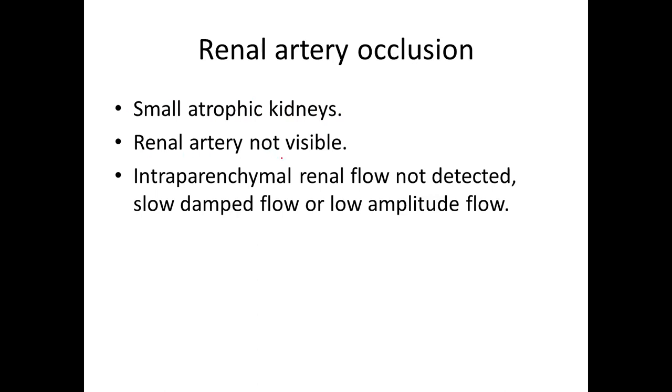The renal artery may not be visible from the aorta or within the renal parenchyma. We may not be able to find the segmental arteries, the interlobar arteries, or even the arcuate arteries. And then the intraparenchymal renal flow may not be detected. It may be slow or damped flow, or there may be low amplitude flow within the kidney.